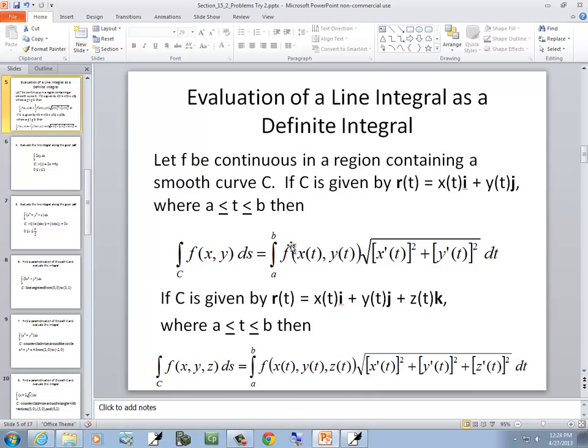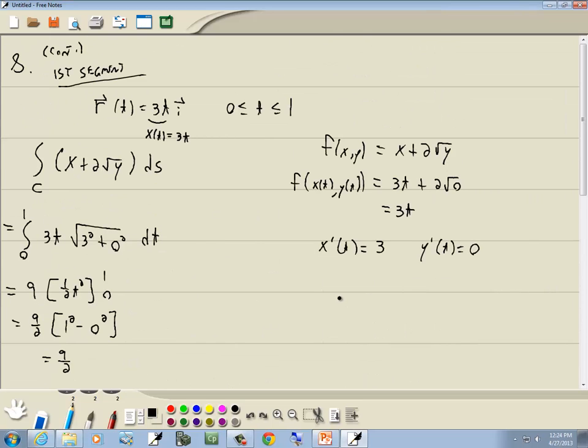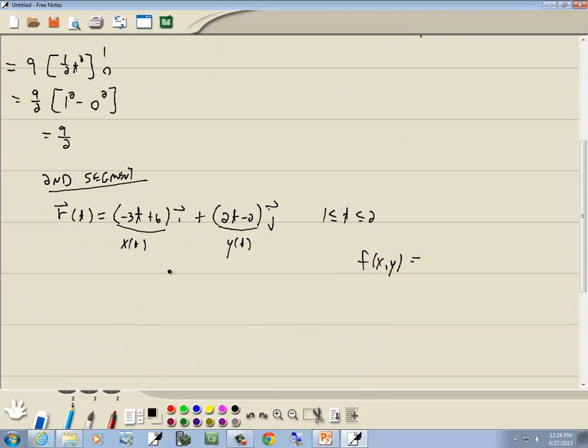We need a and b, which are given. That's 1 to 2. We need to find our function now. Well, remember, our function is the integral up above, x plus 2 square root of y. So x plus 2 square root of y. We're now going to plug this in for x, plug this in for y.